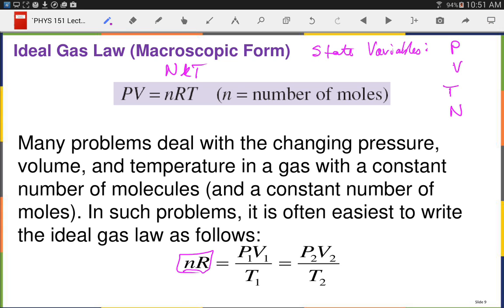Now, thermodynamics is statistical physics. We're talking about statistics. Pressure doesn't apply to a single molecule. It applies to a collection of molecules. And so, what are the microscopic variables that we use to describe a gas? I'm not going to write them down, but what are the microscopic variables we use?